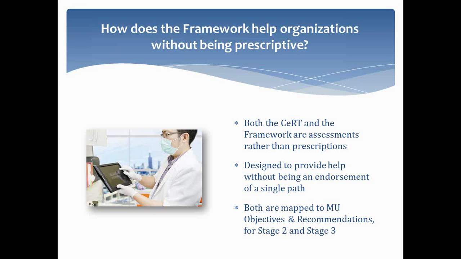But as you move forward, to empower me and partner with me, and even into the final aspirational phase of Support My E-Community, we're getting into Stage 2 and Stage 3 objectives and recommendations. So it allows an organization to see where they meet these criteria. It gives them a concrete example of what meaningful use recommendations are, but then takes it a step further to help them move forward as well.